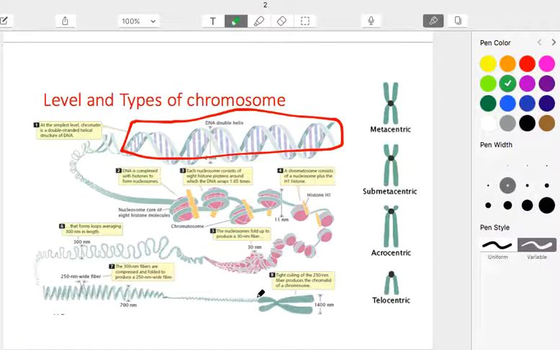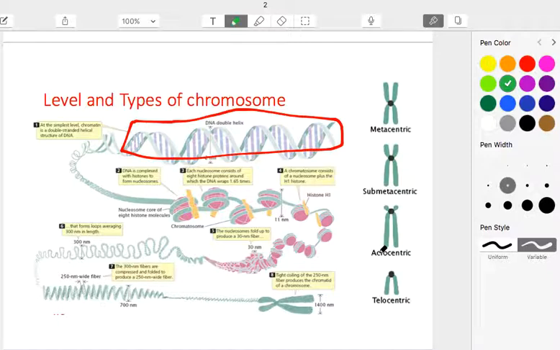This process is very complicated, coiling and condensing the DNA structure by forming nucleosomes. You're going to form a 1400 nanometer structure called the chromosome, and it is very important for reproduction, either mitotic or meiotic.